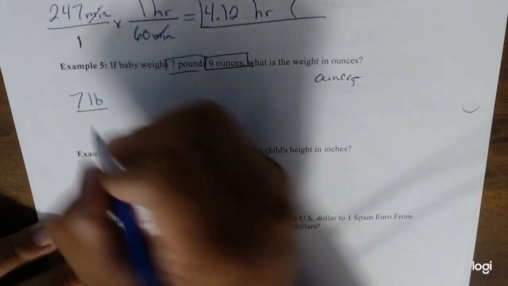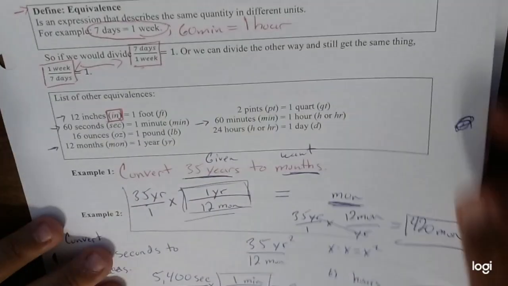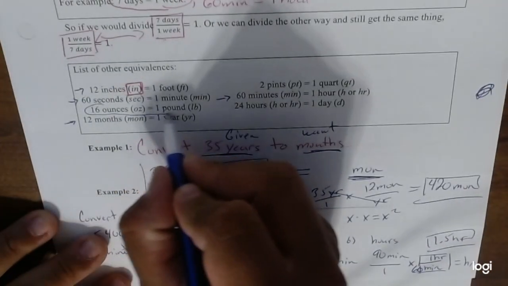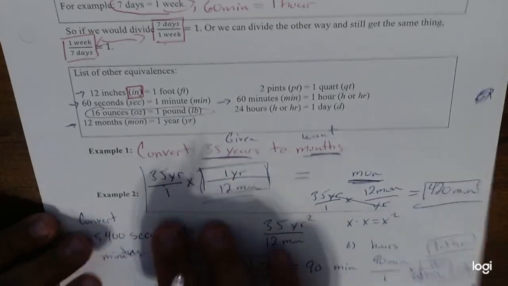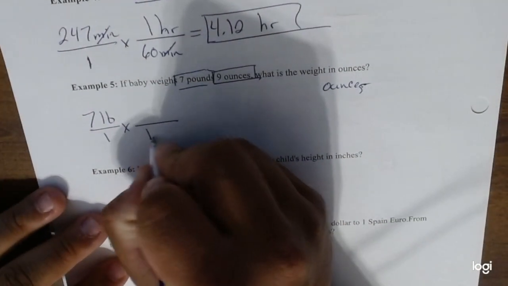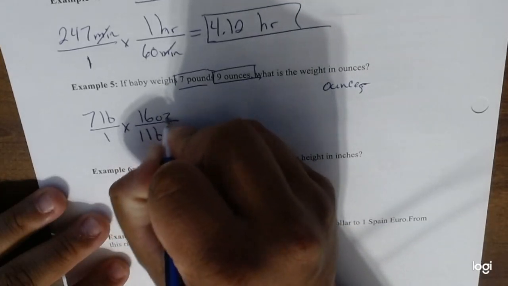So what we're given, 7 pounds. So that's LB. Now, let's see, what is our conversion? This one you may not know. There are 16 ounces for every 1 pound. All right. Let's go back over here. So for every 1 pound, there are 16 ounces.